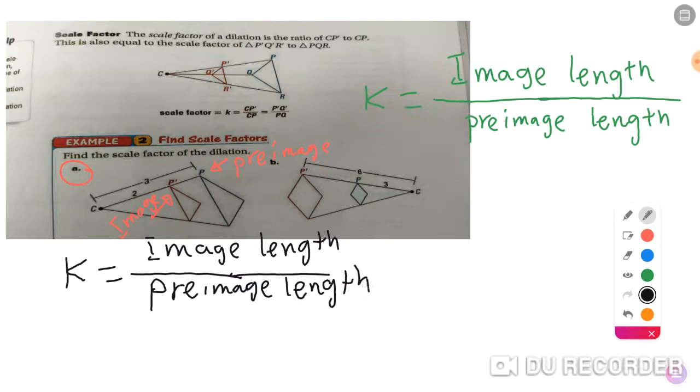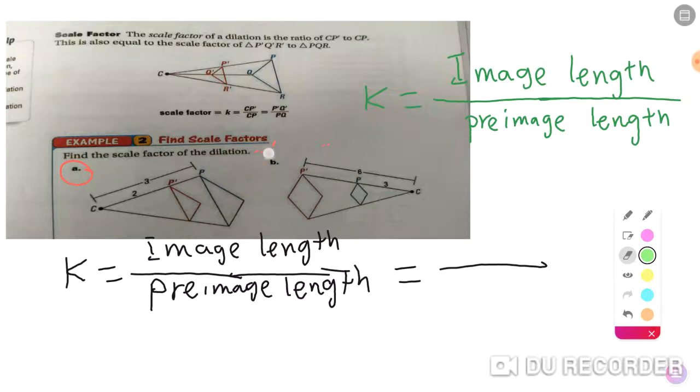So let's have some substitution. Let's substitute. So image length, how to find the image length? The image length, guys, can be found by determining the center of dilation.